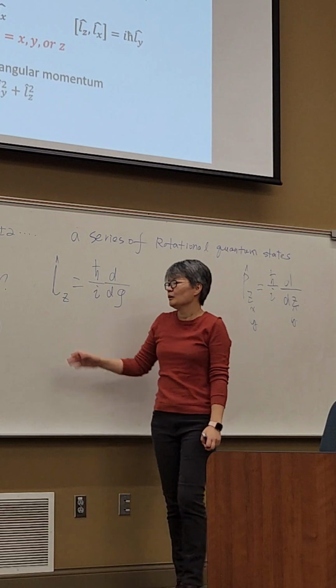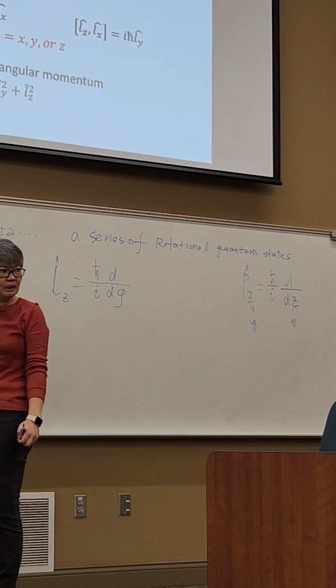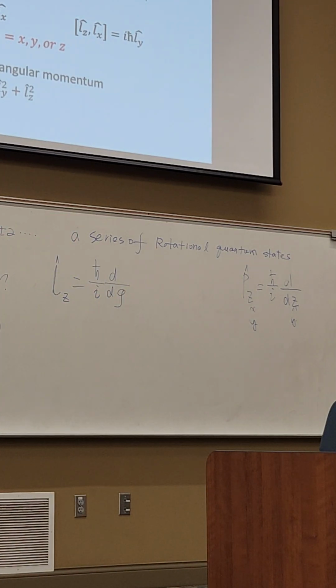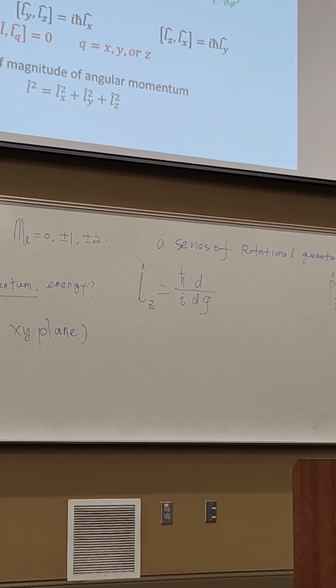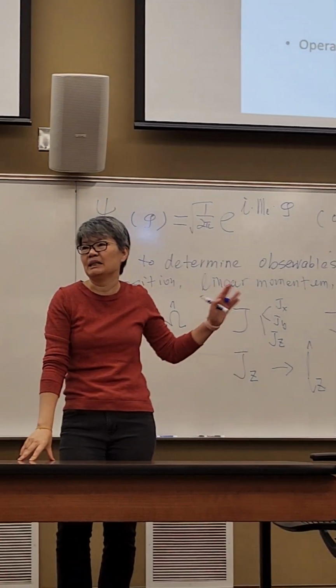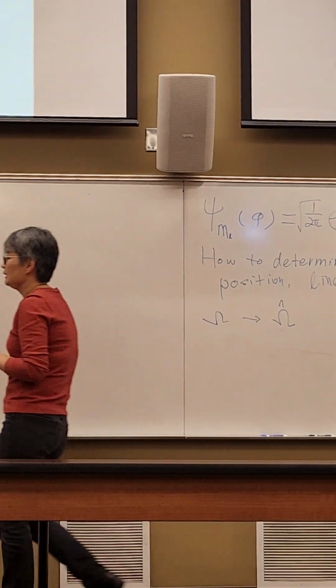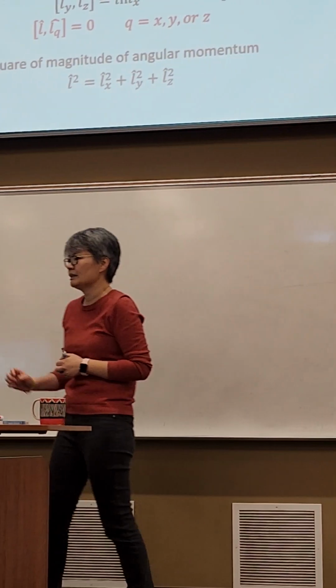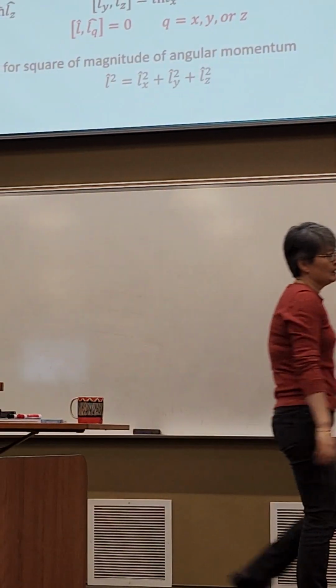Now, extrapolating to the angular momentum in x and y, I'm going to leave you guys to go home and try it out. But for the z component, it is easier to remember because they follow the same pattern.